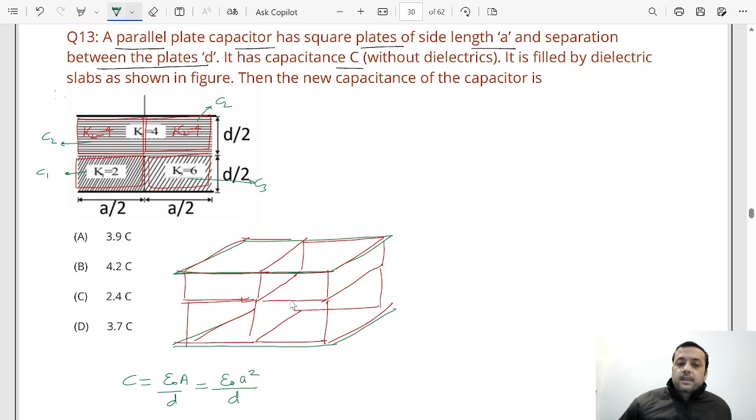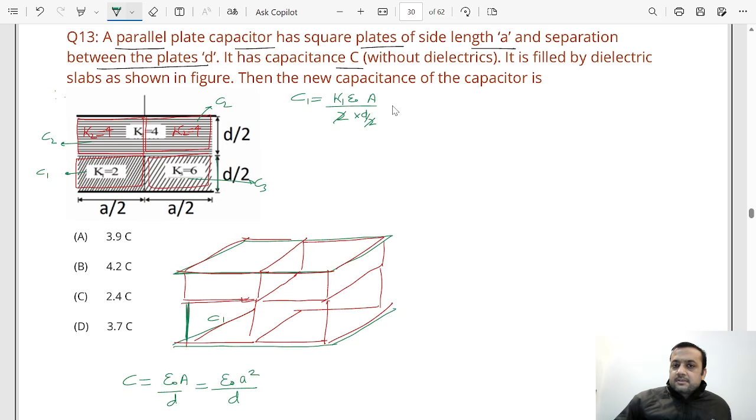This is the situation. So what is the value of C1, let us say first of all? C1 will be K1 into epsilon naught into area. Now look, the area will be half of the area of the capacitor plate. If the plate has an area A, this will be A by 2, upon distance, which is also D by 2, because you can see here D by 2. So this is the value of C1.